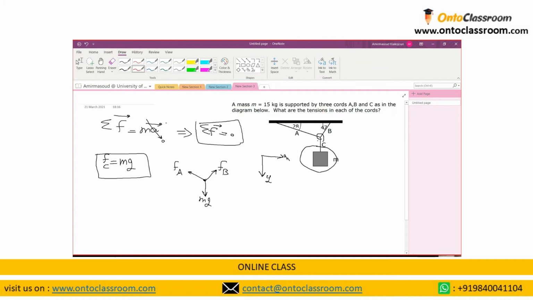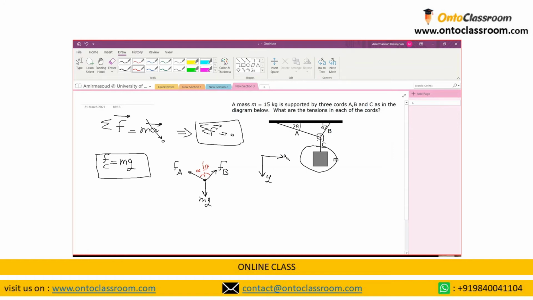If I break them in this direction, both of them have elements in direction x and y, and according to this triangle I can calculate this angle. I call it alpha. This angle I call it beta.